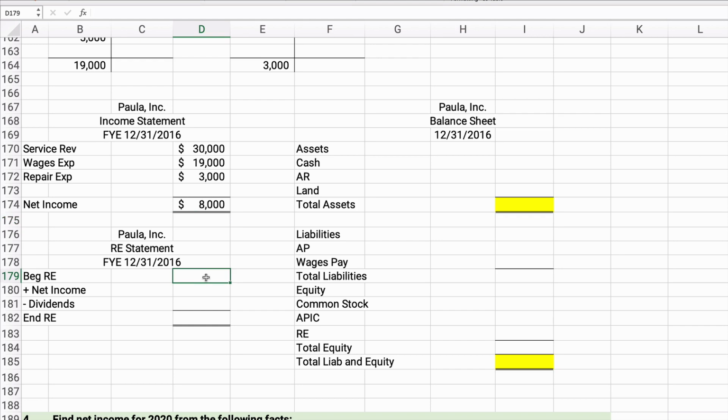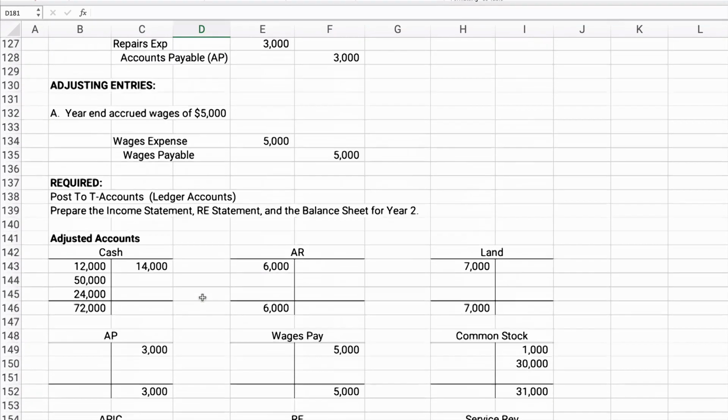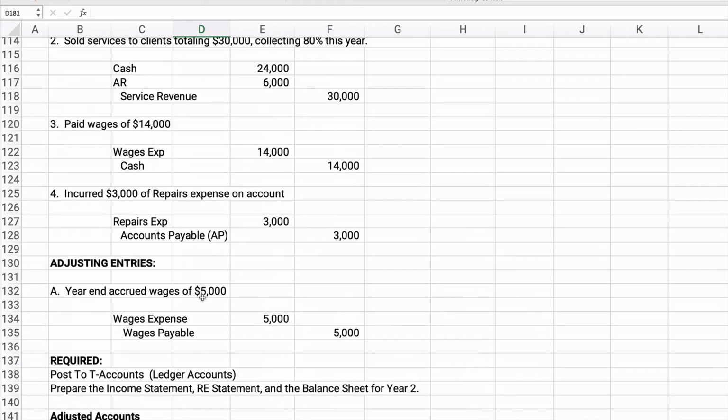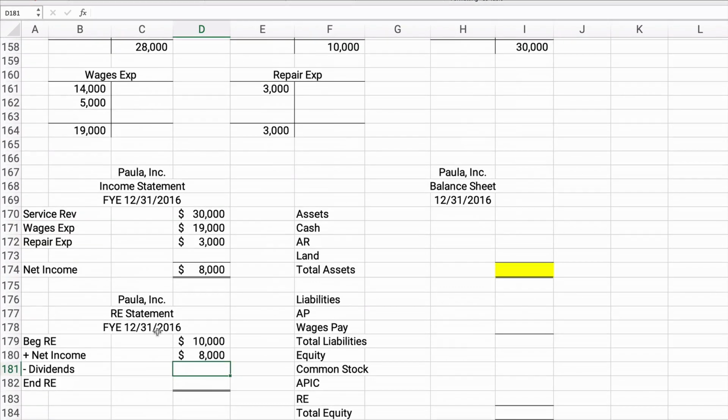Our beginning retained earnings is $10,000. That's given to us. We're going to add the net income. Our dividends, I don't think we have any dividends. Let's check. No dividends. So we're going to make the dividend 0, and our ending retained earnings is going to be $18,000.